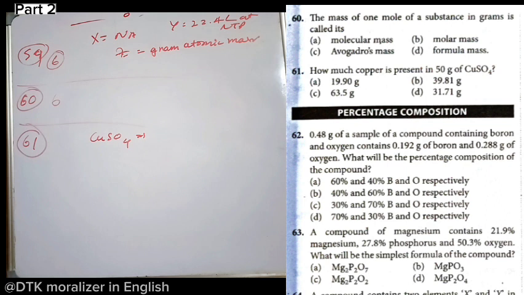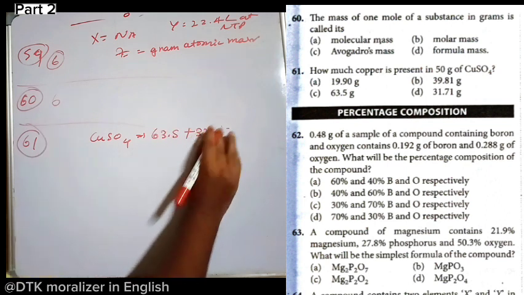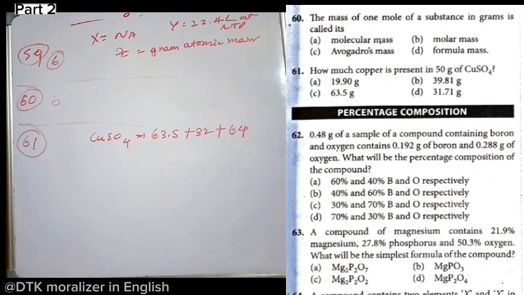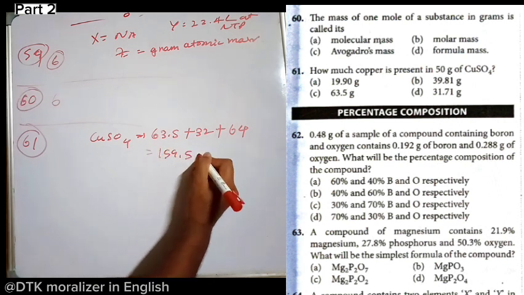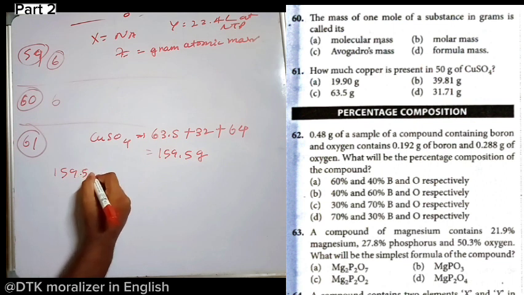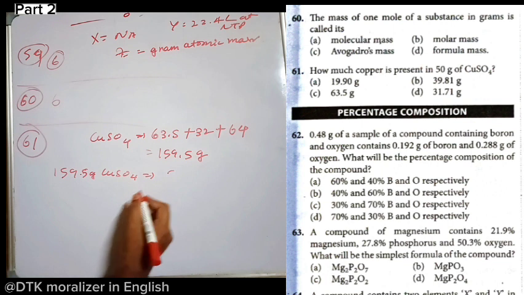How much copper is present? So here copper sulfate is equal to 63.5 plus 32 plus 64, which is the molecular weight of copper sulfate. So here the total is 159.5 grams.